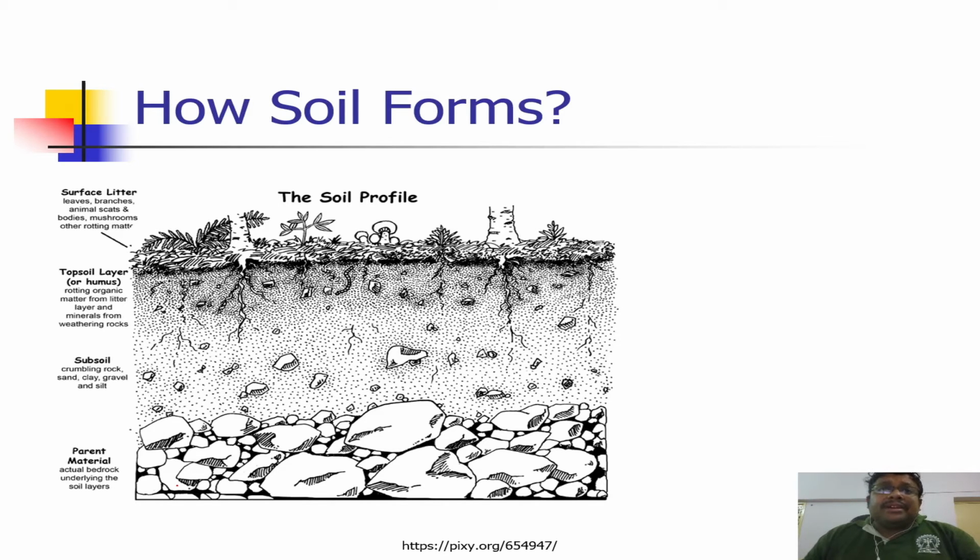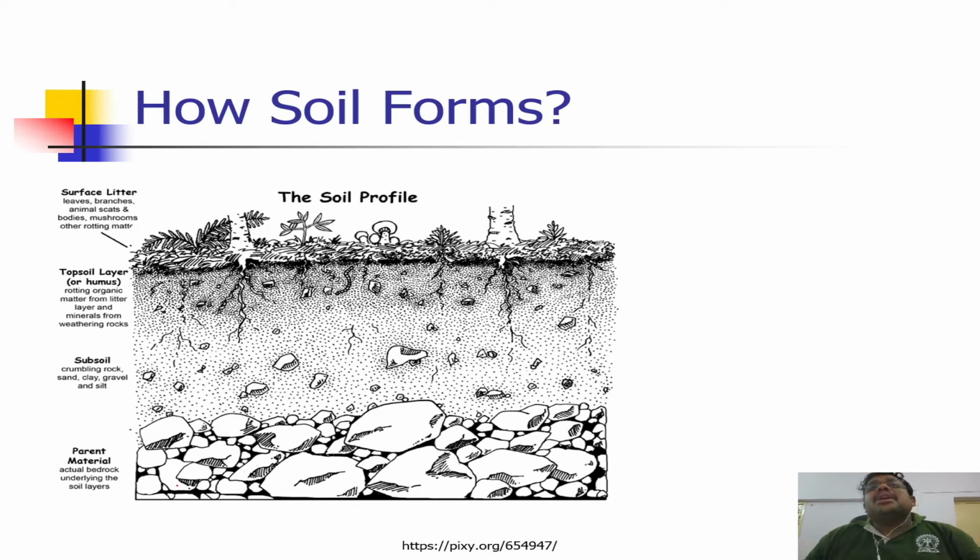Now these clays as well as sand and silt mix with humus or other fractions of soil organic matter, and then they create different layers like the topsoil layer of the O horizon, and below the O horizon they create the A horizon, B horizon, and other horizons of the subsoil.